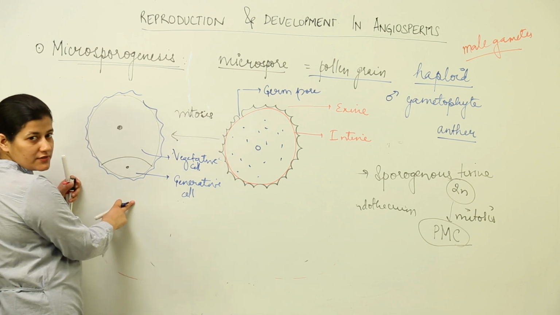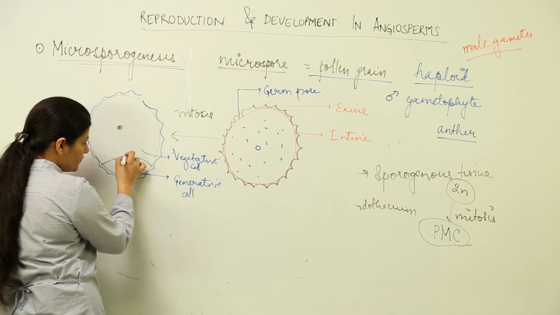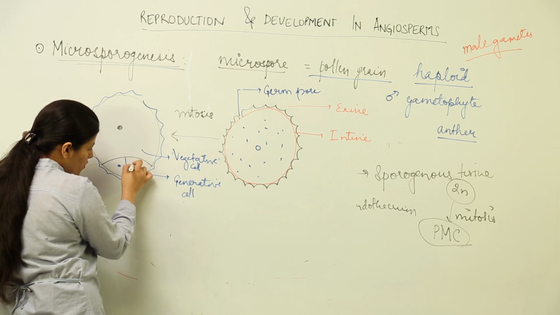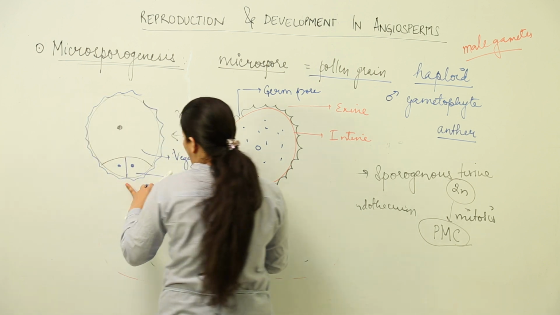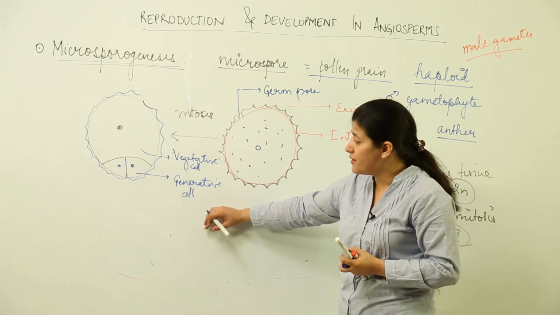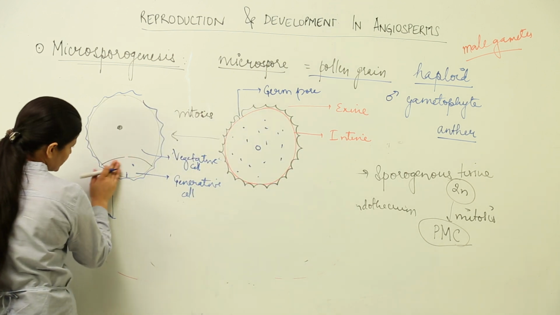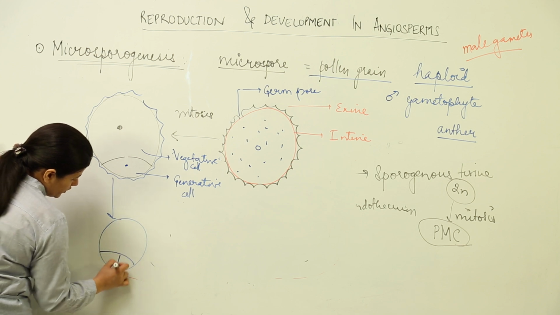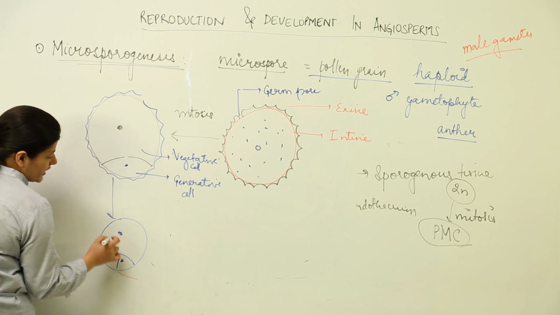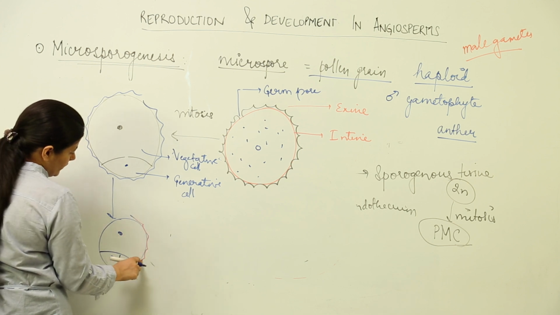Now, this generative cell is supposed to undergo another mitotic division and form 2 male gametes. The 2 resultant cells which are formed are known as male gametes. So, this generative cell would undergo division. I am going to represent it over here in such a way that you have 2 male gametes being formed and a vegetative cell that is present for nourishment of the male gametes.